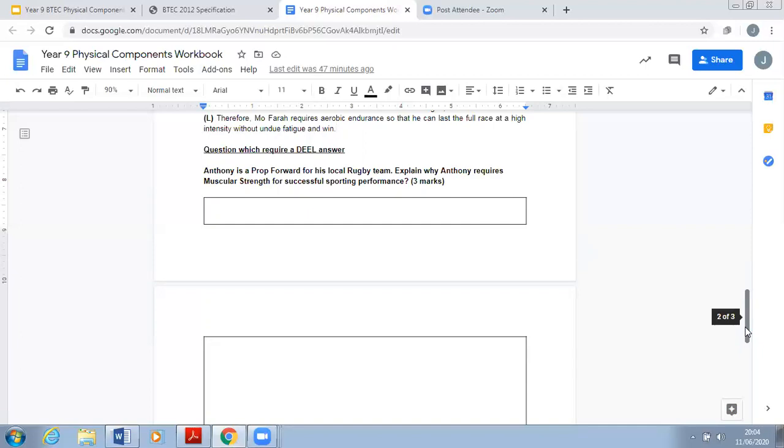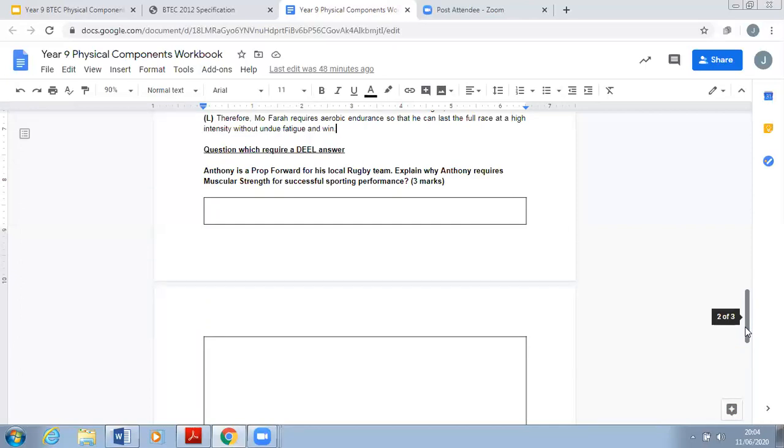Explain why Anthony requires muscular strength. So what this question is wanting from you is, do you know the definition and what is it? What is a prop forward? So it's looking at your sporting knowledge. And why does he need that muscular strength for that role? Why does he need muscular strength to be good at being a prop forward?